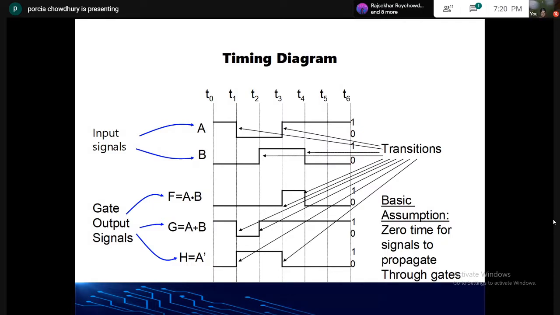That's why, observe the curve: when we have 1, it's a high state, and when we have 0, it's a low state. Now A and B are denoted as input signals. The outputs are F, G and H: F for the AND gate, G for the OR gate, and H for the complement.